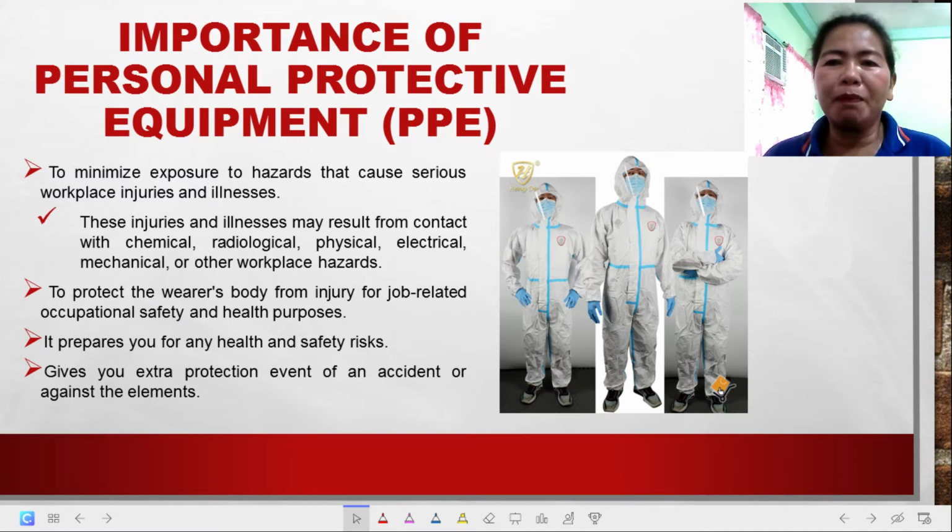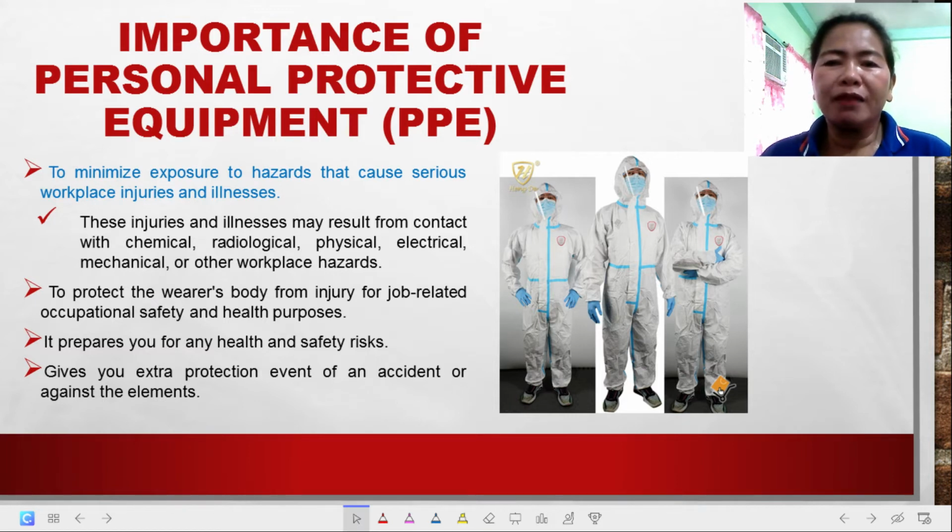This PPE is very applicable this time. I think these three persons in the picture are frontliners. So here are the different importance of the PPE. Number one, to minimize exposure to hazards that cause serious workplace injuries and illness.